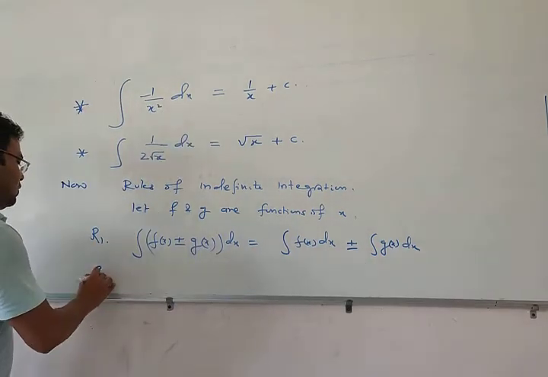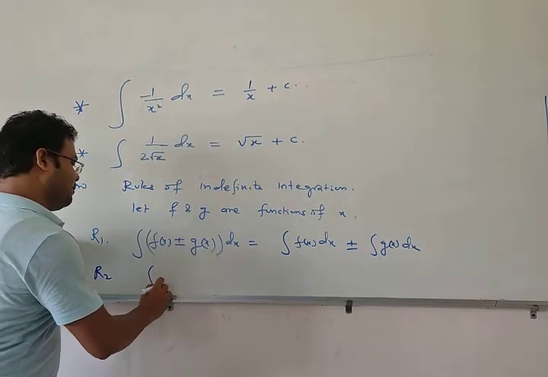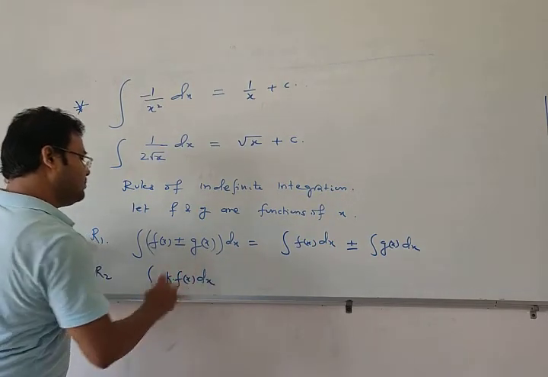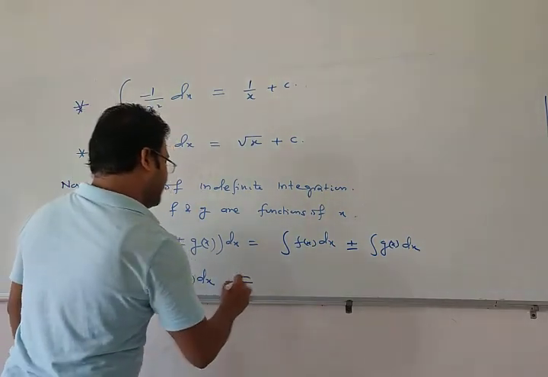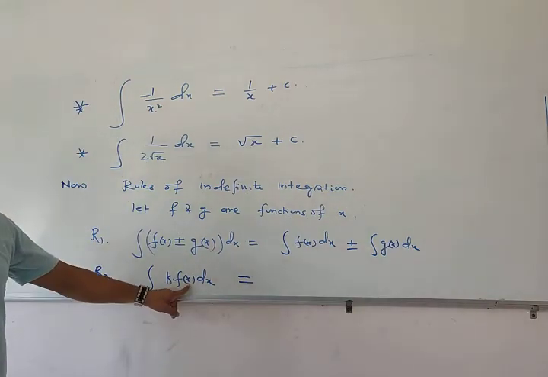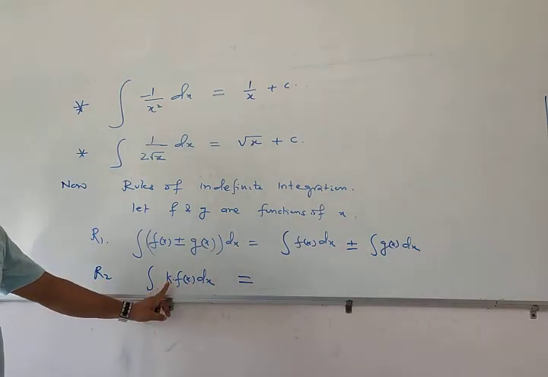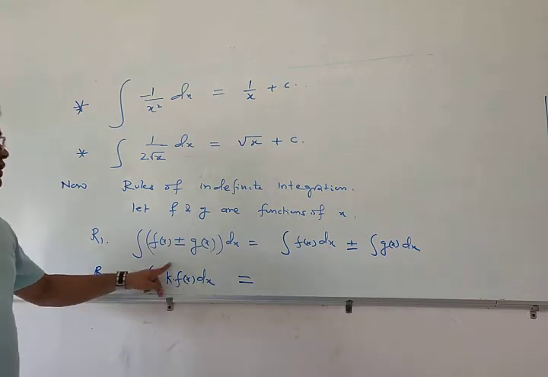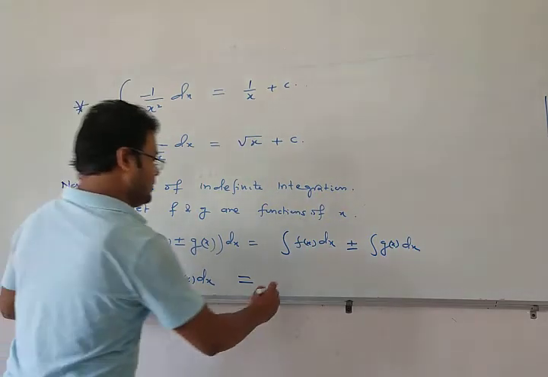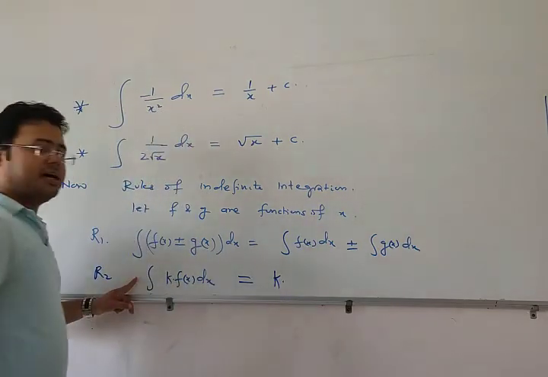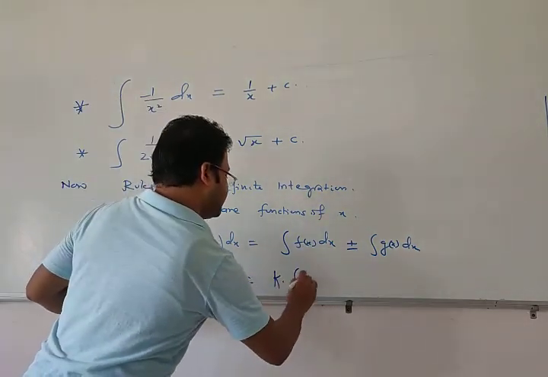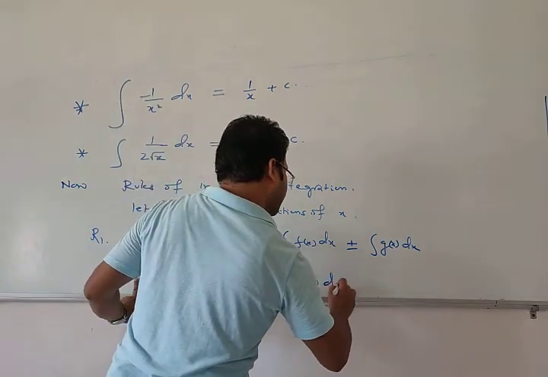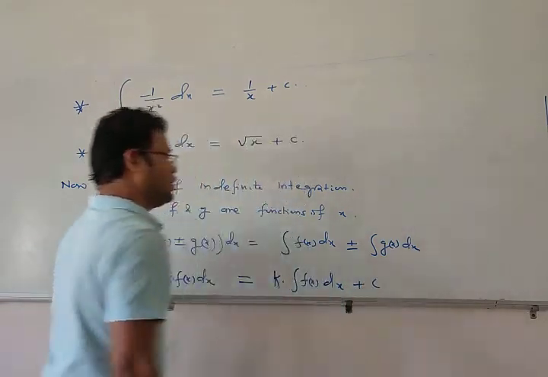Next, rule number 2: integration of k into fx with respect to x. Here a constant term k is multiplied with fx. मतलब एक वेरिएबल है और दूसरा कांस्टेंट है, तो इंटीग्रेशन का रूल है कि इस कांस्टेंट टर्म को आप बाहर कर सकते हैं, k आपका बाहर हो जाएगा और इंटीग्रेशन ऑफ fx with respect to x, and lastly constant of integration c.